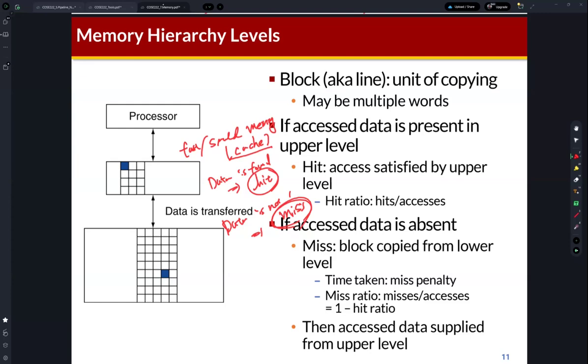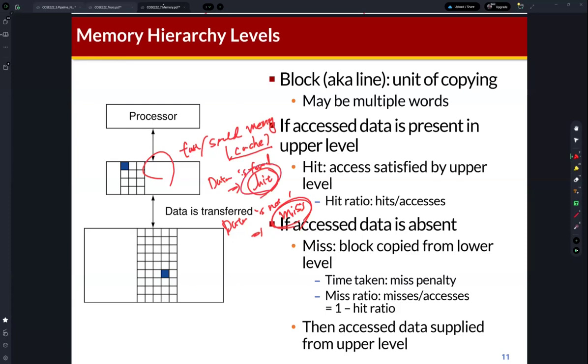So a processor first accesses the best small memory, like the caches that are close to the processor. Then there are two cases: the data can be found, or the data cannot be found.